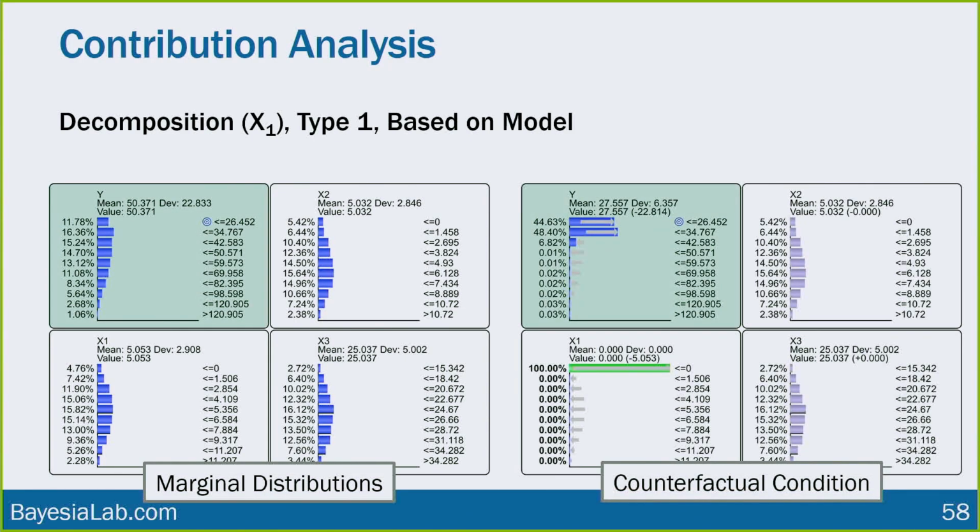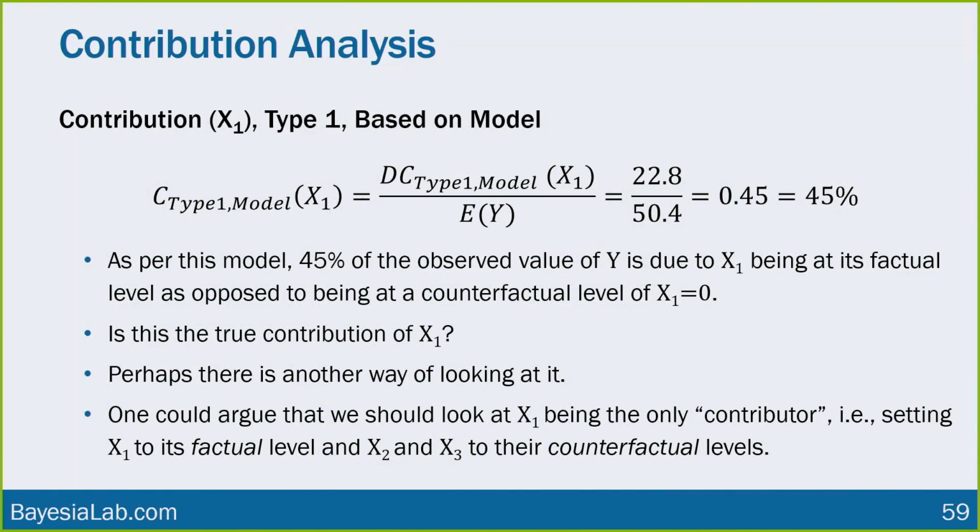We're trying to compare our marginal distributions to the counterfactual condition. And so in this case, the difference between the counterfactual value of y and the factual value of y is 22.8. And this is what we can now use to calculate the contribution.